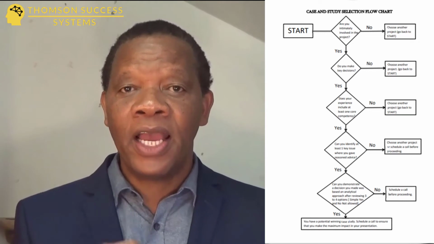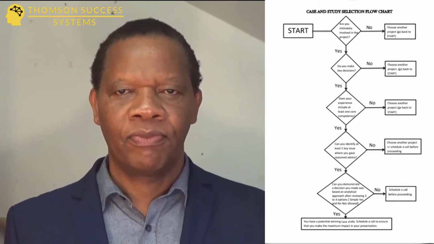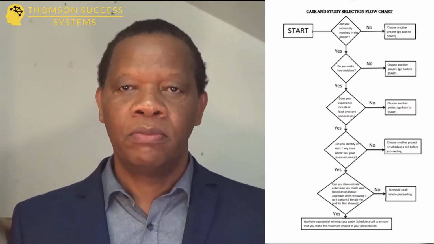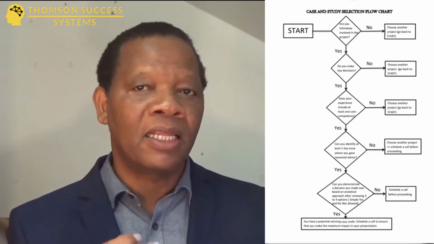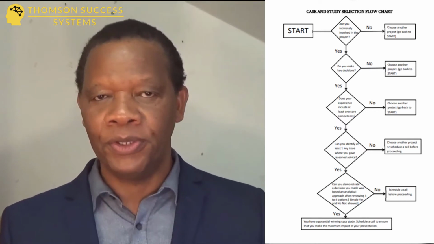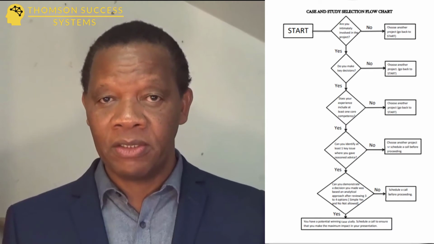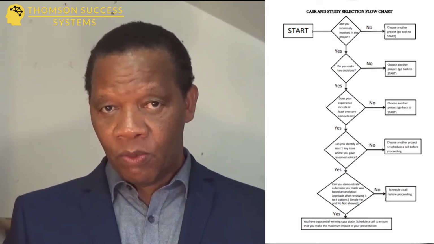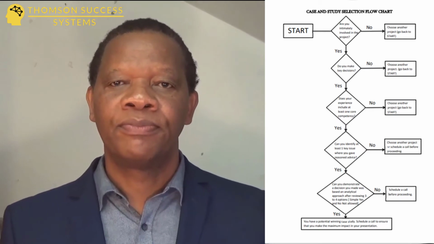If the answer is yes, move on to the next stage. If the answer is no, you've got 2 options. One is to pick another project. The other option, you can get in touch with me and I can review it together with you and see if there's a way forward.